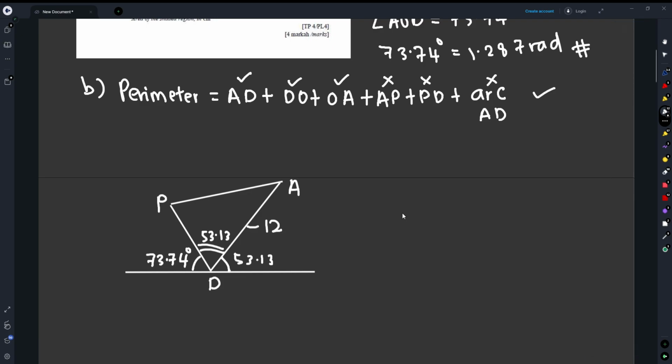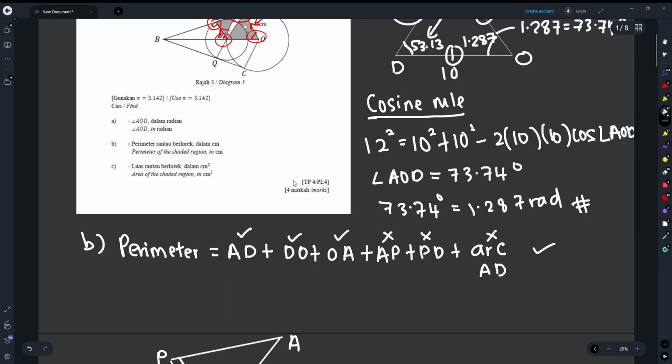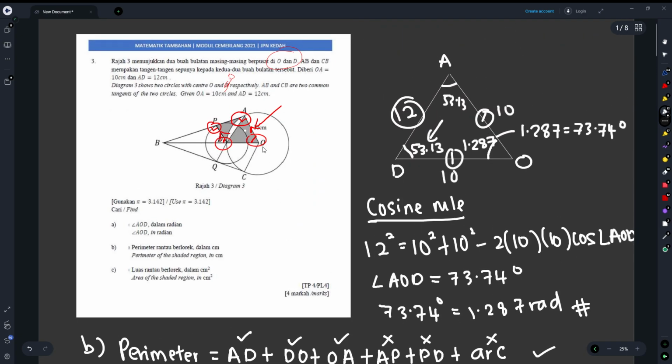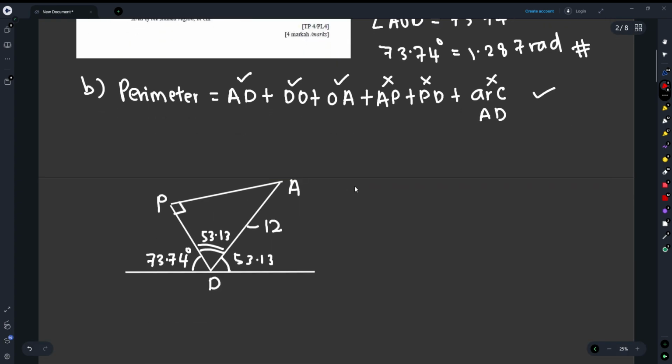Very simple mathematics. Now we have 12 here. And you have to understand that this angle is 90 degrees. When I draw, it doesn't look like 90 degrees, but if you observe this diagram clearly, you will see it's actually 90 degrees. Because I told you the common tangent here is 90, so inside also must be 90. So whenever I see a 90 degrees triangle, Pythagoras theorem or trigonometry comes into action.